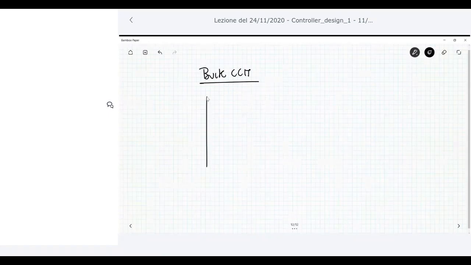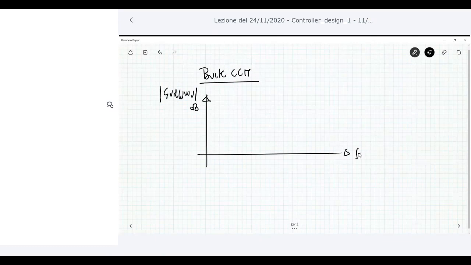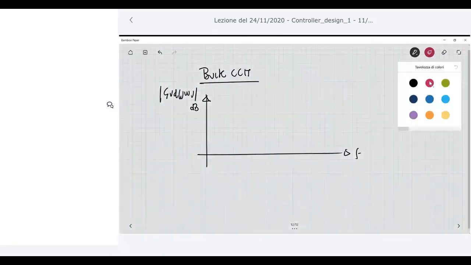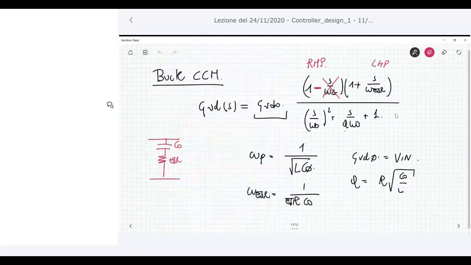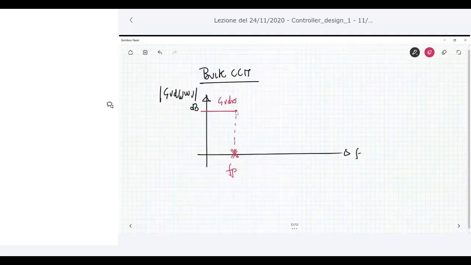Let me draw the Bode plot for the magnitude of this transfer function, GVD of j omega in decibel, versus frequency. Here we have GVD 0. Then it has two complex conjugate poles that come out from the denominator.